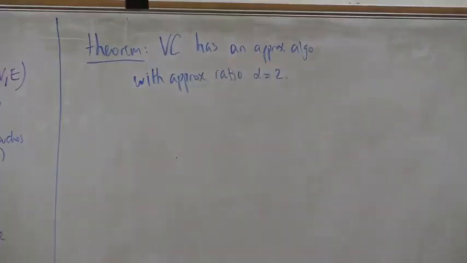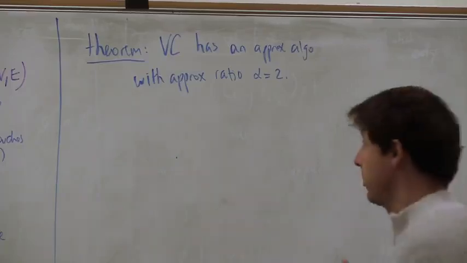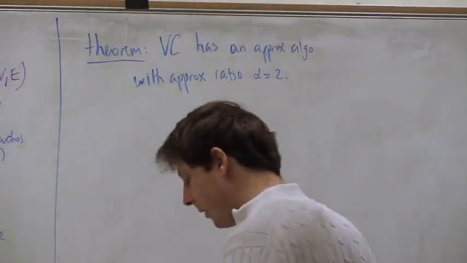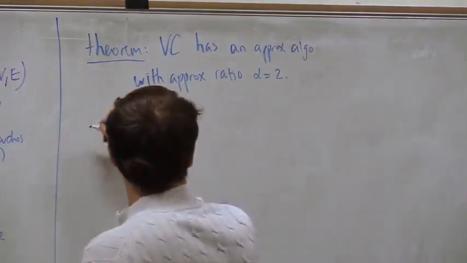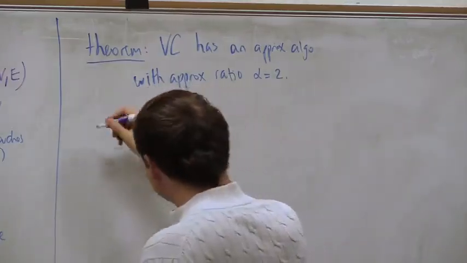Maybe you could think 2 is large, but 2 is definitely not that large. I would say it's pretty small. And it's great that in polynomial time you can provably always obtain a vertex cover that is at most two away from the optimal one. So that's the theorem that we want to prove.